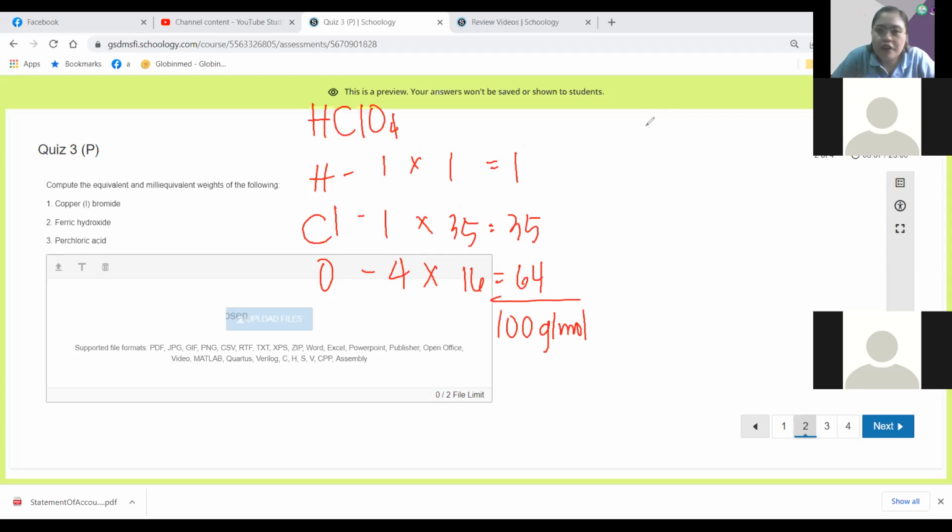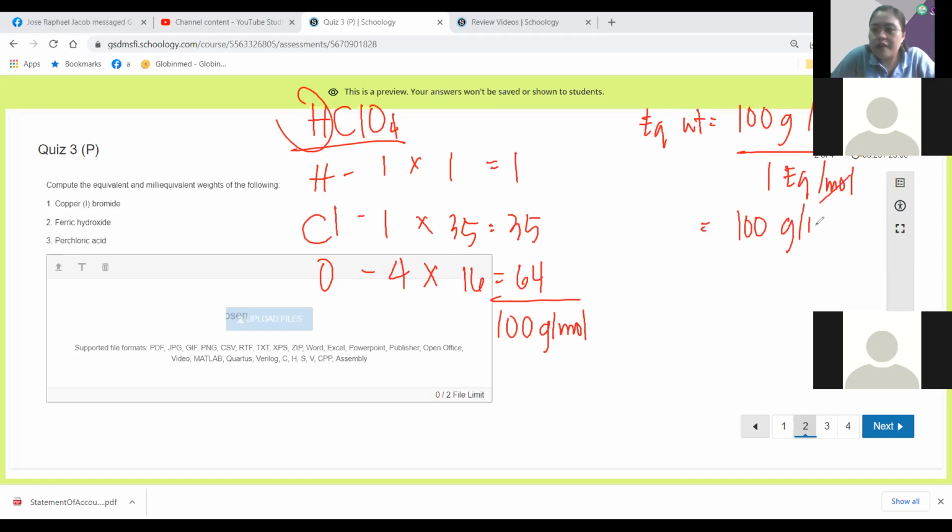And then for the equivalent weight, this is 100 grams per mole. Our F here, this one is an acid, perchloric acid. So it has only 1 hydrogen. This is automatically 1. Cancel the mole. So this is 100 grams per equivalent.